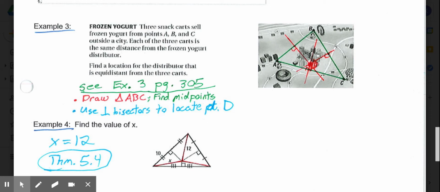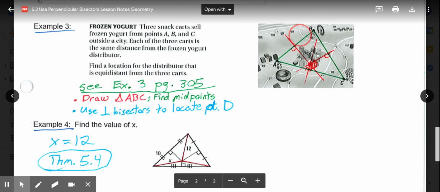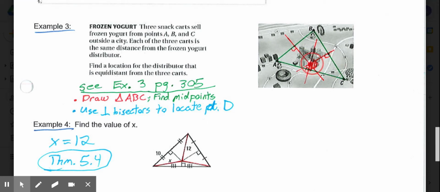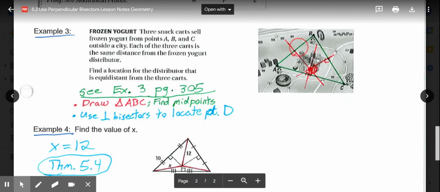So our process, which I'll show you in the video, is to first connect your 3 carts to make a big triangle. And then you do the perpendicular bisector of each side. And where those 3 perpendicular bisectors meet is our distribution center. So I'll create another short video just walking you through how to draw the perpendicular bisectors. For that, you will want a protractor and a ruler.